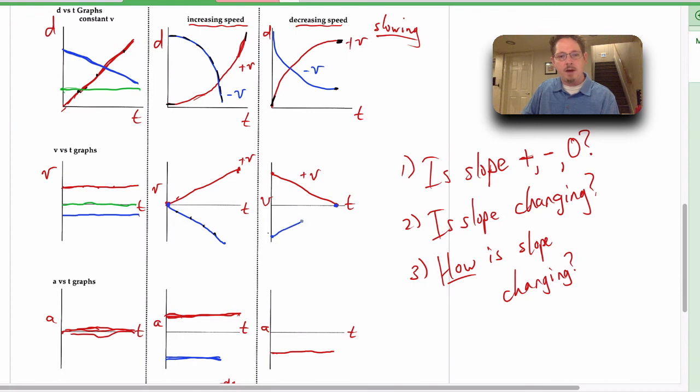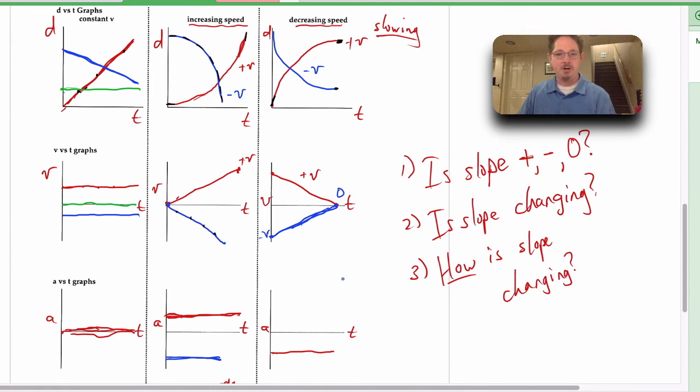So this graph tends to throw people off because they see the line going up. But what does that mean it's doing? It's getting close to zero here. We started off with this negative velocity, a large number, and it decreases in size by moving towards zero.